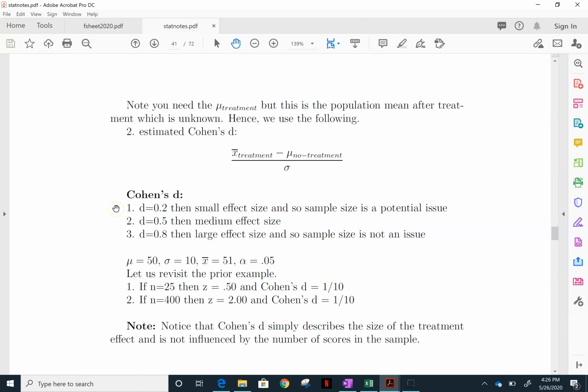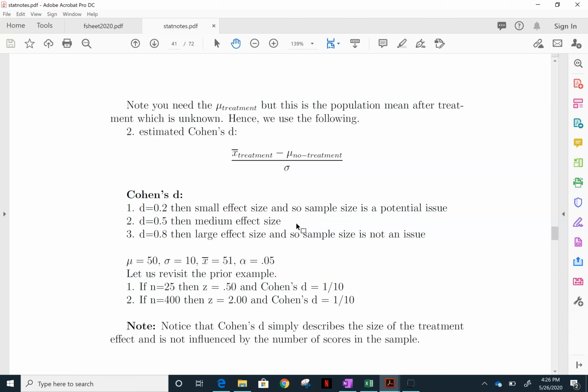Just a note, here are my student notes on Cohen's d, you can take a snapshot of this. If d is 0.2 or under, we have a small effect size, and so sample size is probably a very potential issue. If d is 0.8 or bigger, we have a large effect size, and so sample size is not an issue. There's this gray area between 0.2 and 0.8 where there is some respect of medium effect size.